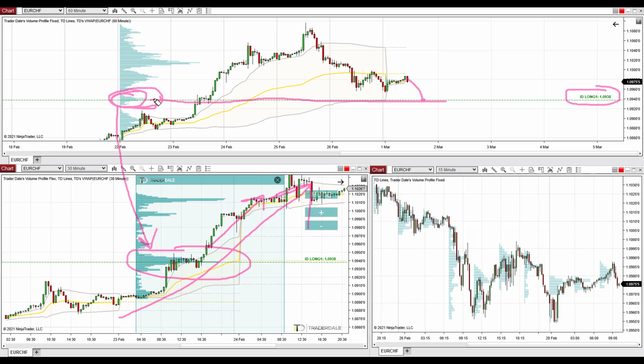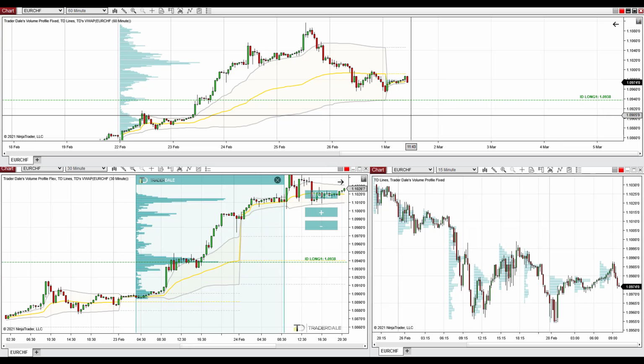This zone is important for them and they'll want to defend it. And when the price comes close, they should start aggressively buying again with market orders and trying to push the price upwards from there again. Alright, so that's why I think this is a strong day trading support.